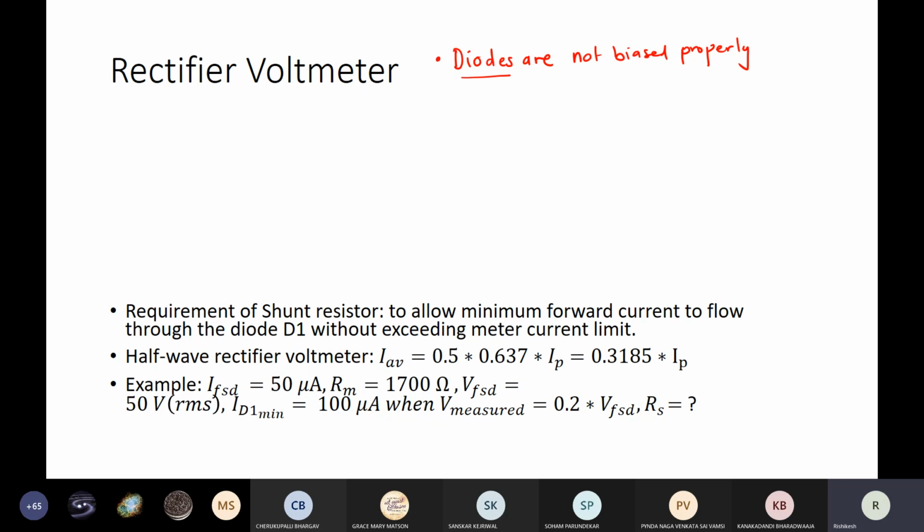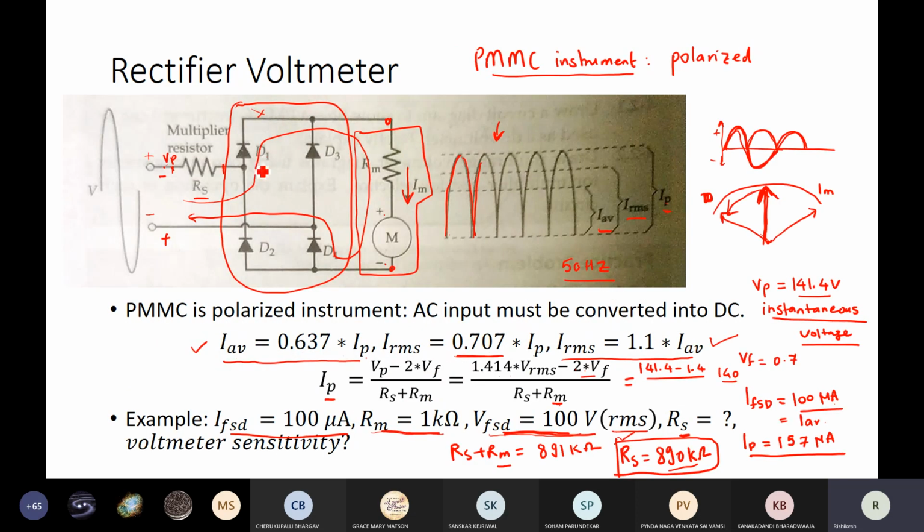However, in some cases the drop will also depend on the supply voltage. So here it was 100 volts, that is fine. Maximum voltage is 100 volts, but in a lower range, let's say the voltage you are measuring is 1 volt or 2 volts, the diodes will not be properly forward biased.